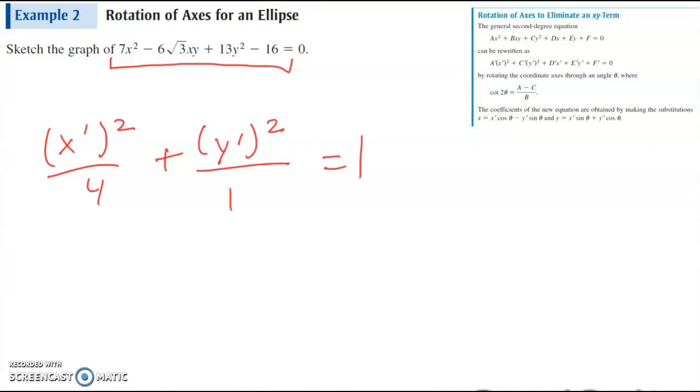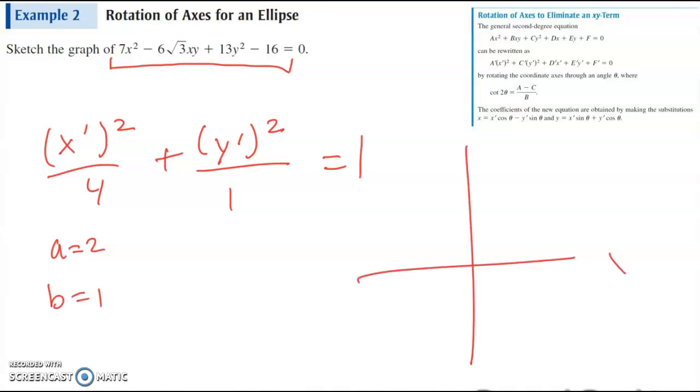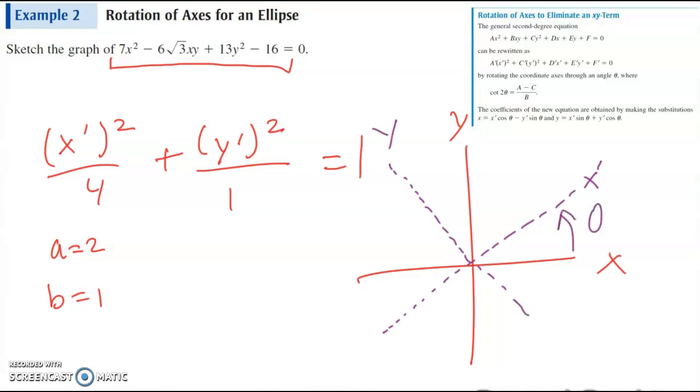As you can see, this is an ellipse. A equals 2, B equals 1. We have your x and y, but now it has been rotated. What was theta? 30 degrees, or pi over 6, in the x prime, y prime system.